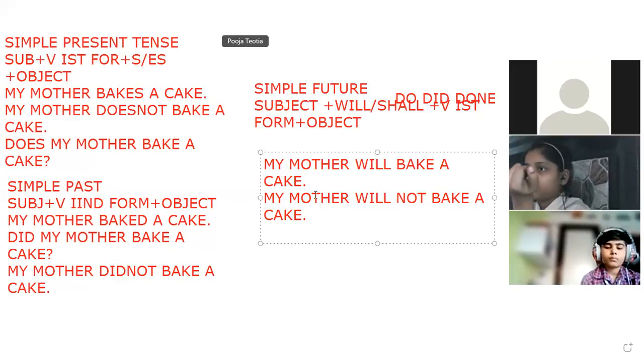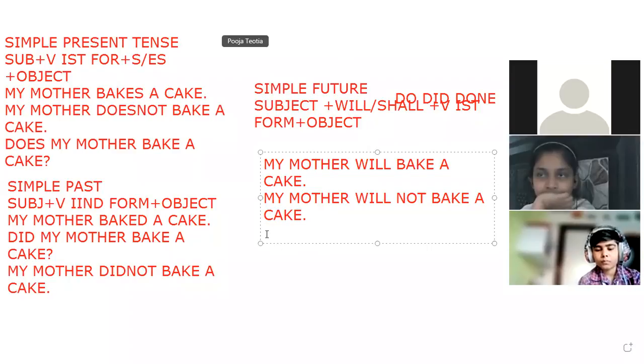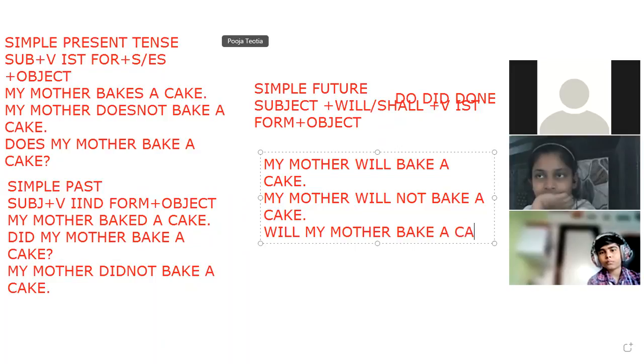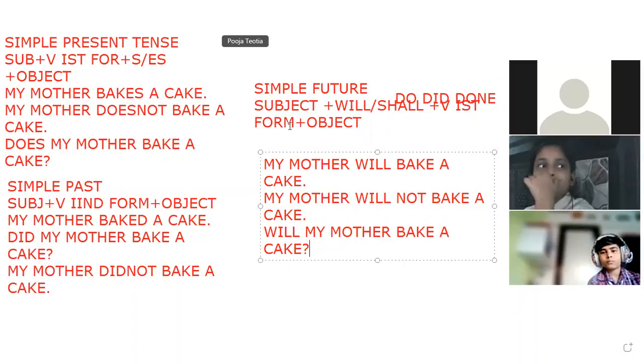If we change it into interrogative, we put the auxiliary verb before the subject, as in all the sentences. In simple present, the auxiliary does has come first, and in past, did has come first. So here, will comes before the subject. Will my mother bake a cake? I think this is clear to you all.